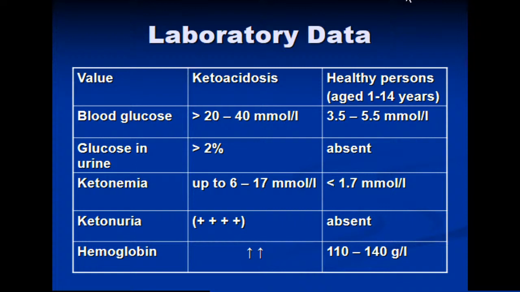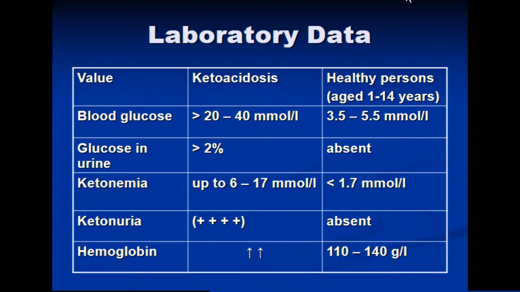Ketonemia up to 6 to 17 millimole per liter, normal less than 1.7 millimole. Ketonuria, classes 3 or 4, in normal absent.